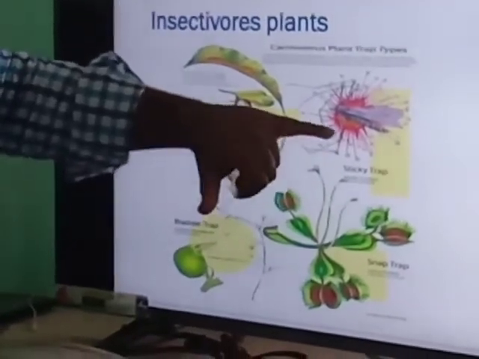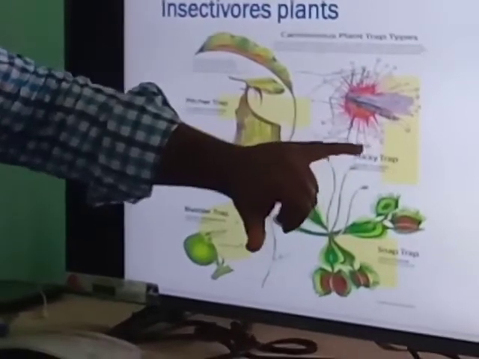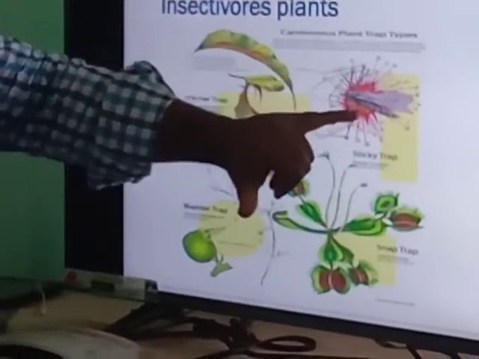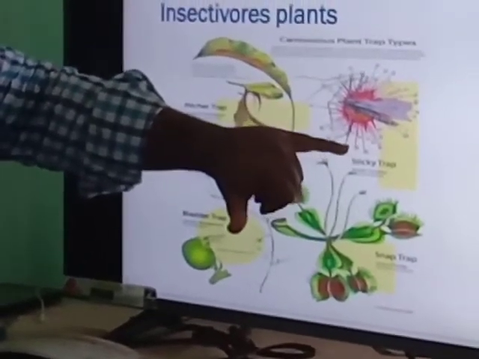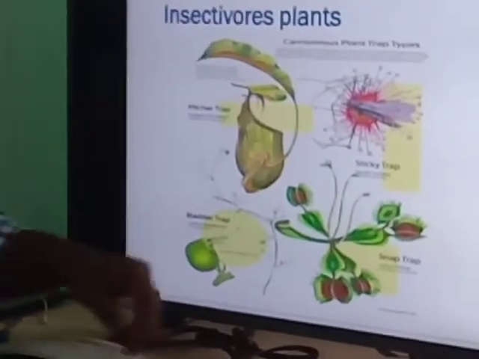Here you can see this nectar is very sticky, so the insects will be attracted by the colors and shining ends of these tentacles, and they will be swallowed whole.